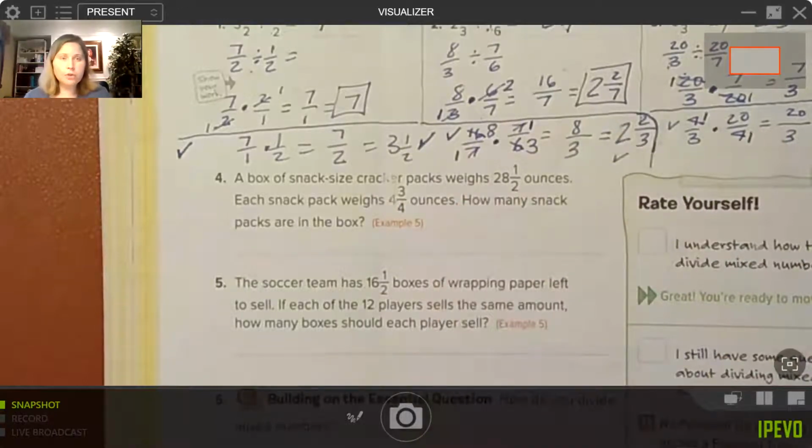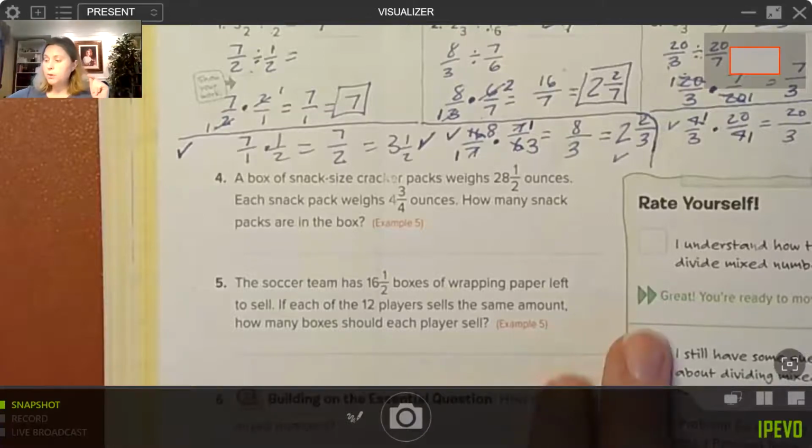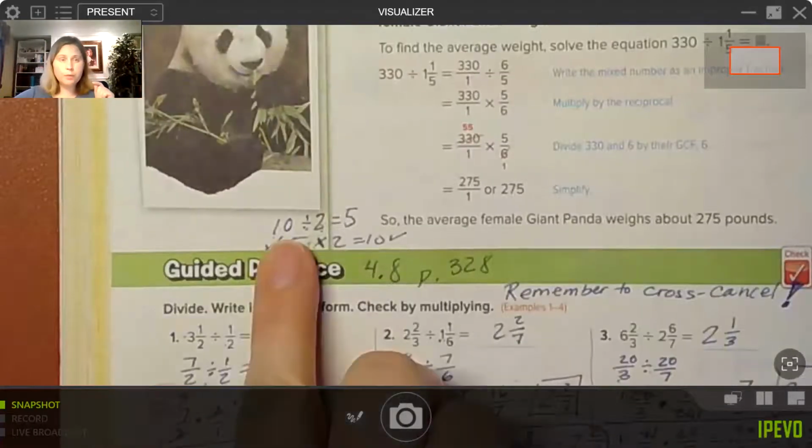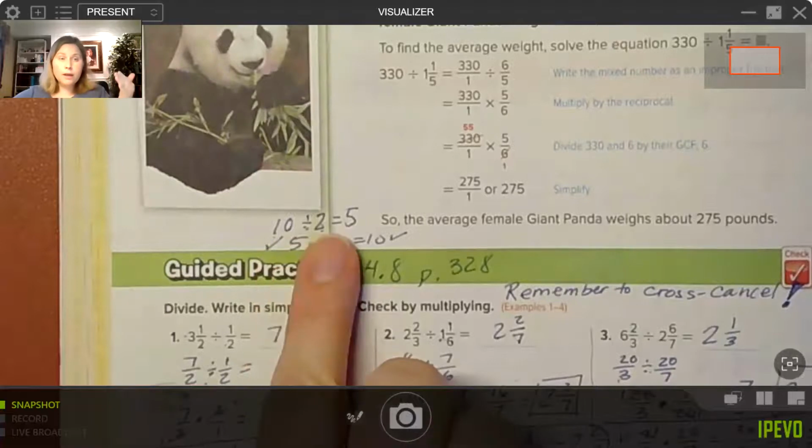The make it simpler strategy is when you see a fraction or a decimal, or when you get to 8th grade, you see variables like letters, X, Y, Z, and you don't know what to do with those. Well, temporarily just replace those with numbers that you would know what to do with, kind of like we did here with our check step, 10 and 2. 10 divided by 2 is 5, and then you check it with 5 times 2 equals 10.